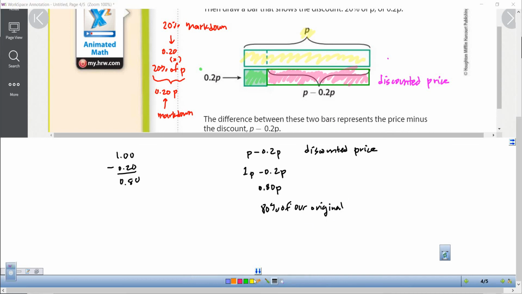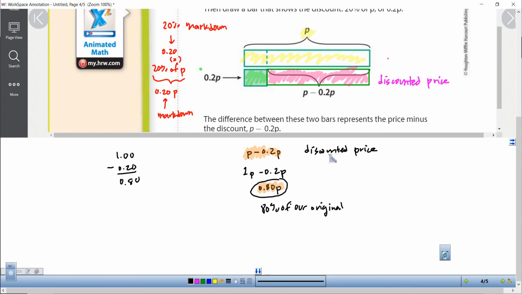Again, we've got two different ways to represent it. We have P minus 0.2P, but if you take away 20%, what do you have? You have 80% left. So when you have a discounted price and you simplify it, you are going to get a decimal coefficient that is smaller than 1.